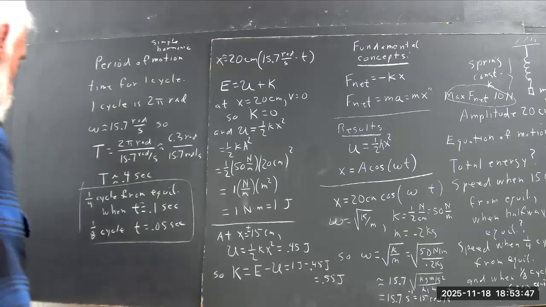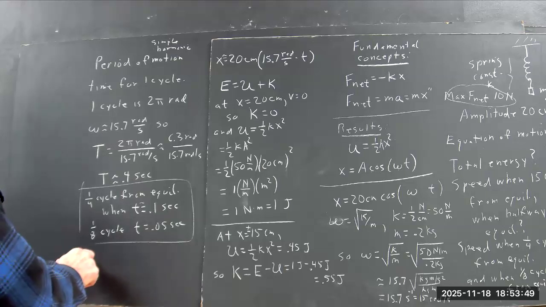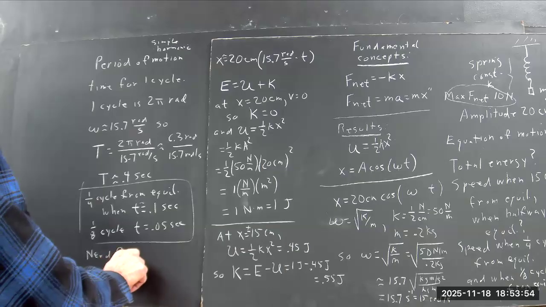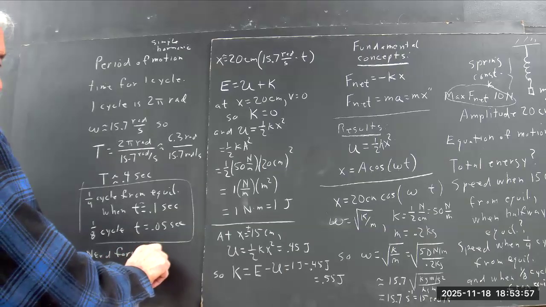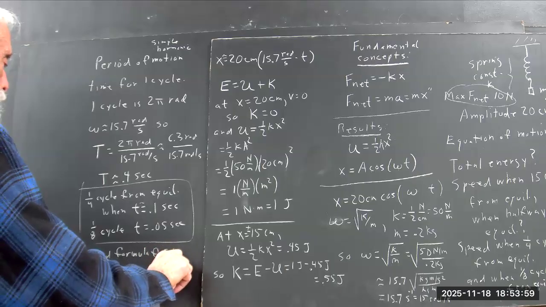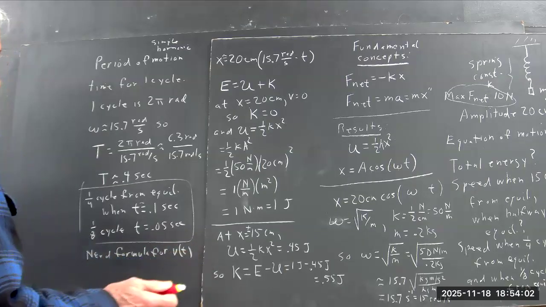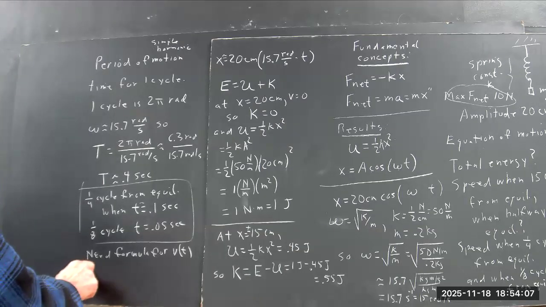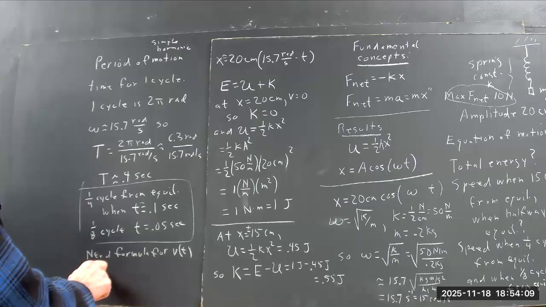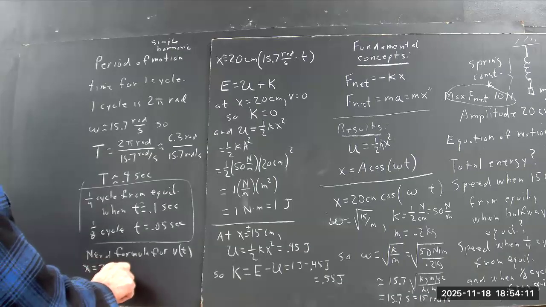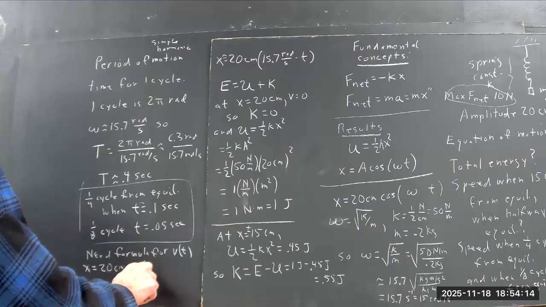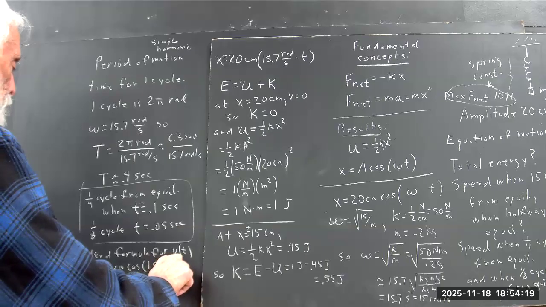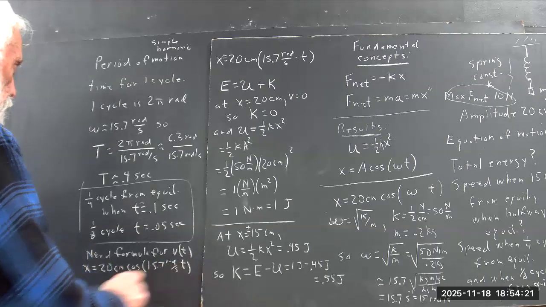Well, we need a formula for V of T. Well, we know X equals 20 centimeters times a cosine of 15.7 radians per second times T.